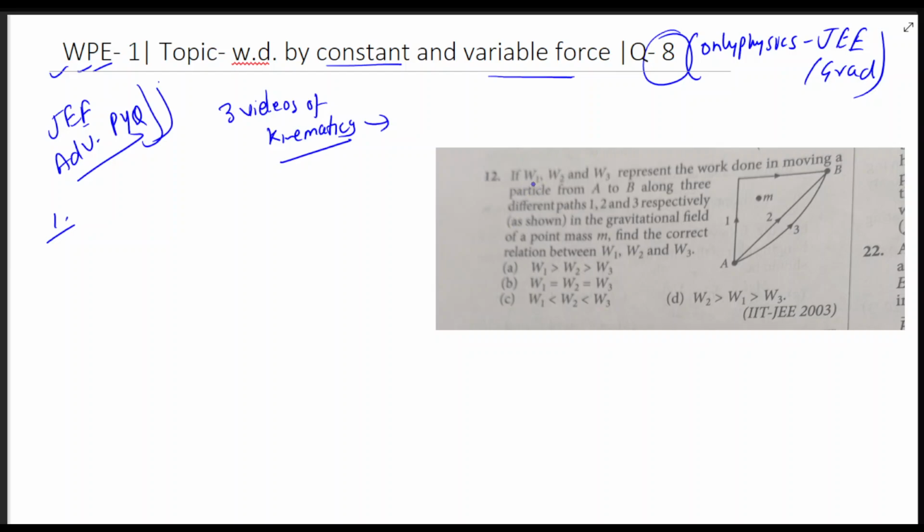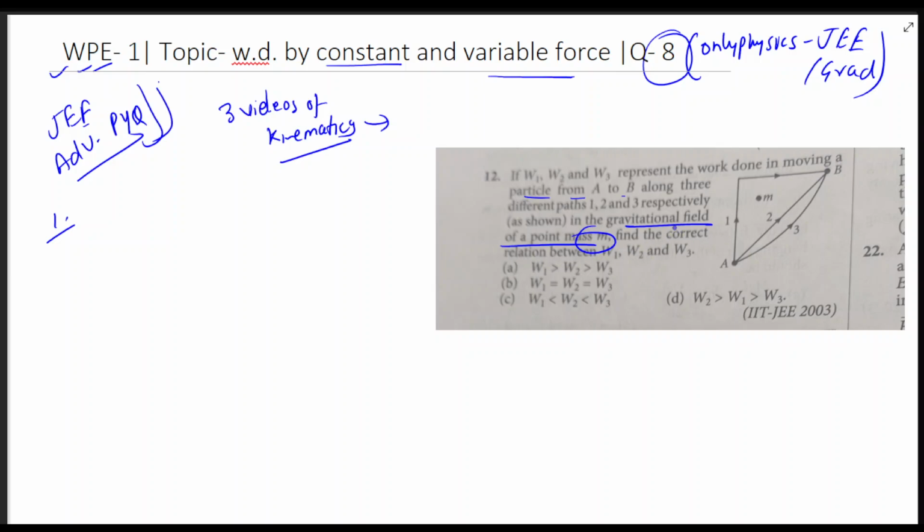We have given W1, W2, and W3 representing work done in moving a particle from A to B. So we are taking a particle from A to B along 3 different paths, 1, 2, 3, respectively, in the gravitational field of mass m. So this is a mass m. There is no other field or anything. This m will be applying a field, and hence we are moving a particle from A to B. Okay, find the correct answer.